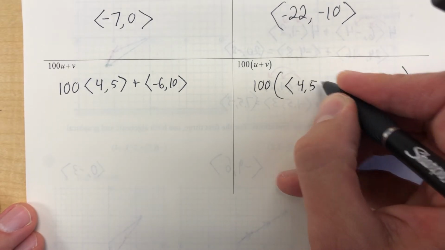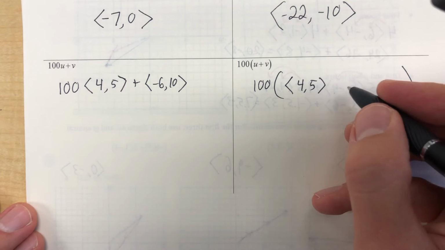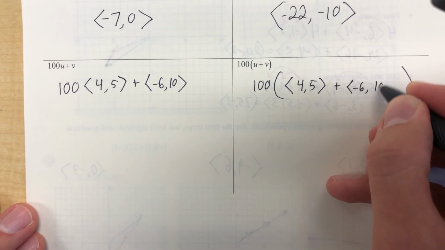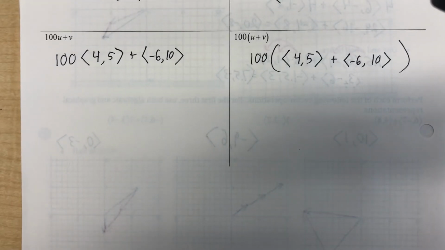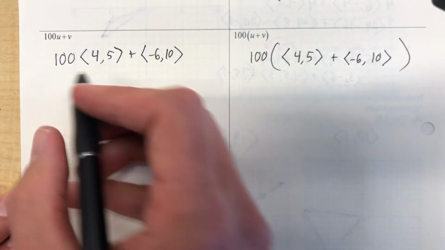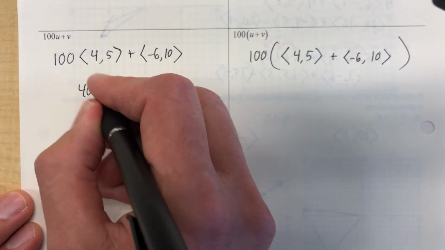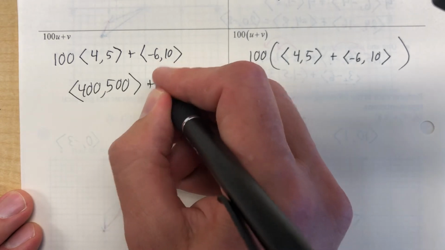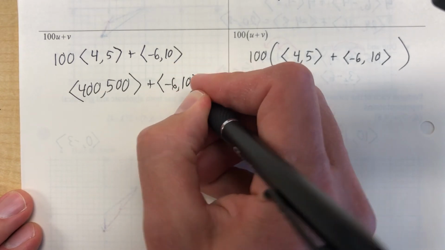So 4, 5. Things get a little crazy with parentheses and the vector brackets. There we go. It's just a lot of stuff going on. But in this particular case, we have 100 times 4, 100 times 5. There's that. And then plus negative 6, 10.